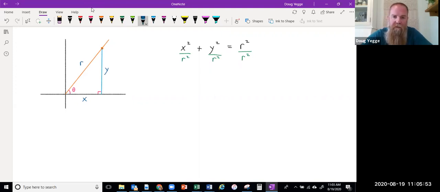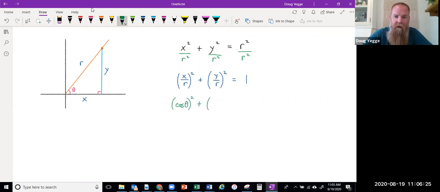Well, now we could recognize that because each of these has a numerator and denominator being squared, we could write this as (x over r) squared plus (y over r) squared equals 1. But what we should recognize about this is that x over r is the same thing as cosine of theta squared.